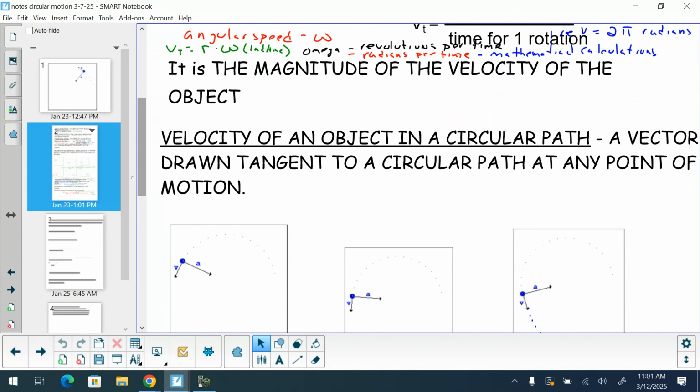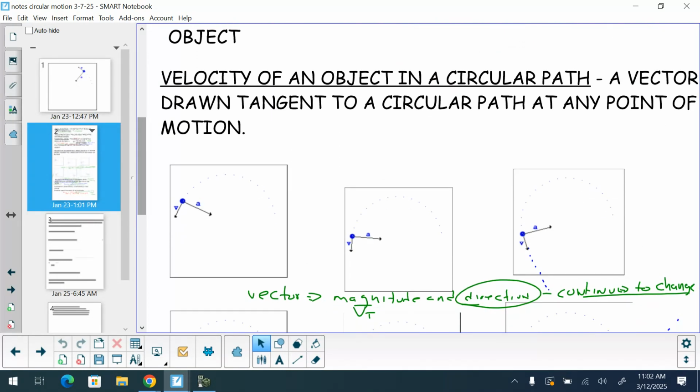The velocity of an object in a circular path is a vector drawn tangent to the circular path at any point. So we take a look at our velocities at any point; it is a tangential velocity.